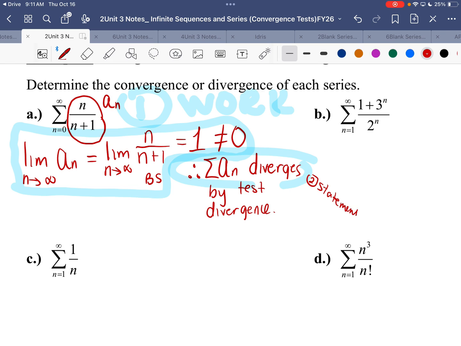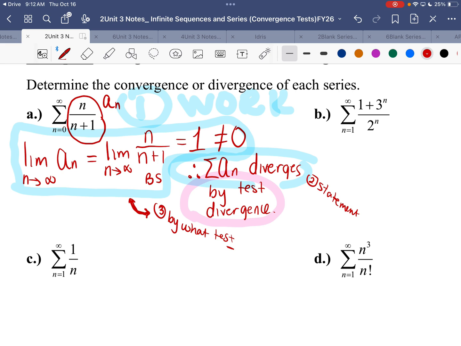So the statement is converges or diverges. And then step 3, by what means necessary. And make sure, the thing that's tricky about this is that whatever test you're using has to correlate to the work. So 1 and 3 should correspond with each other.